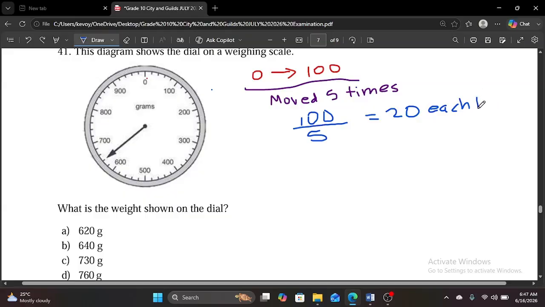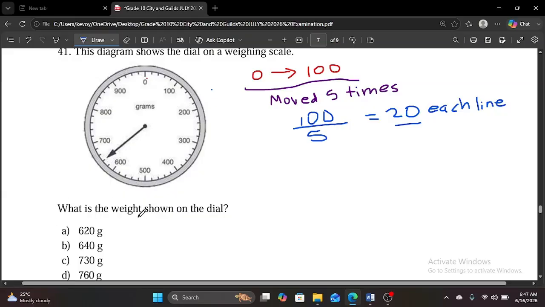We can count it ourselves. From 0 to the next line, 20. Another 20 is 40. Another 20 is 60. Another 20 is 80. And then we have 100.